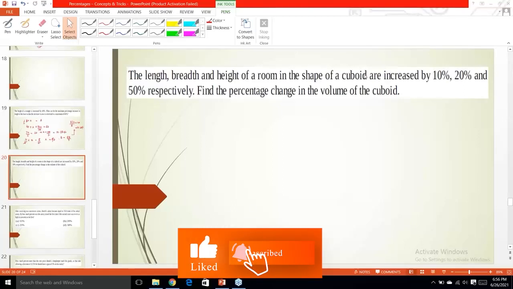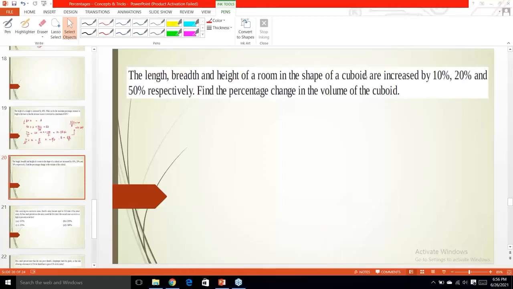Okay, do this. This is a very good application of the idea of successive change on three different quantities. Yes, 98% is correct.